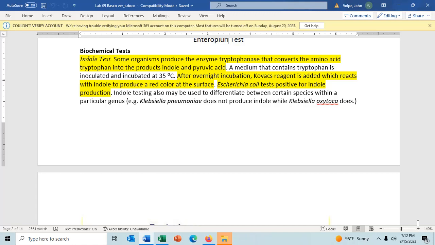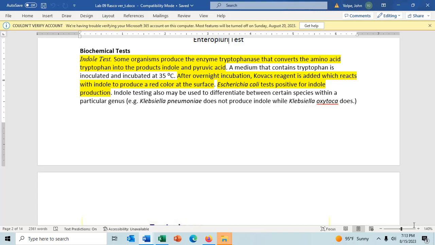All right. So what you do is you overnight incubate the media, which has the amino acid tryptophan in it, or it could be a media with rich protein, so that when the protein is digested, tryptophan is released.